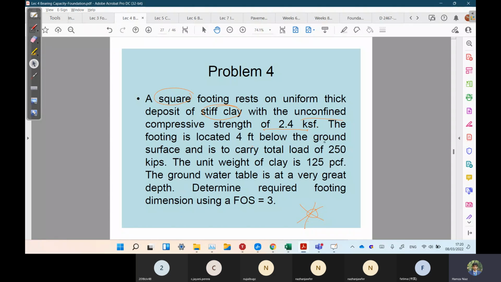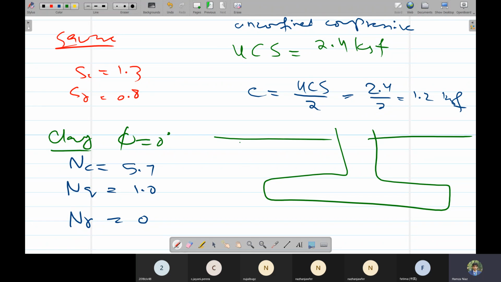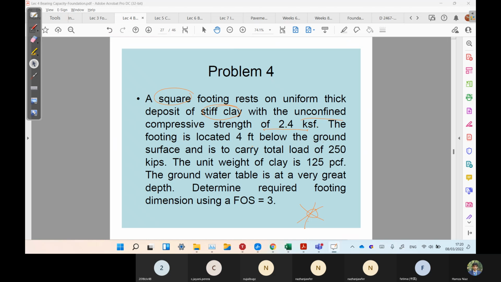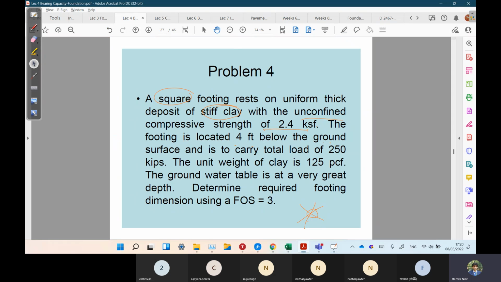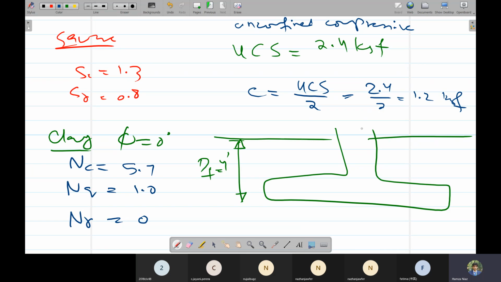Footing is located 4 feet below ground. So our depth of footing, this is footing for example, our depth from top of the ground is Df equal to 4 feet, 4 feet below ground. And it is to carry 250 kips load. The load on footing, that is Q, is equal to 250 kips.